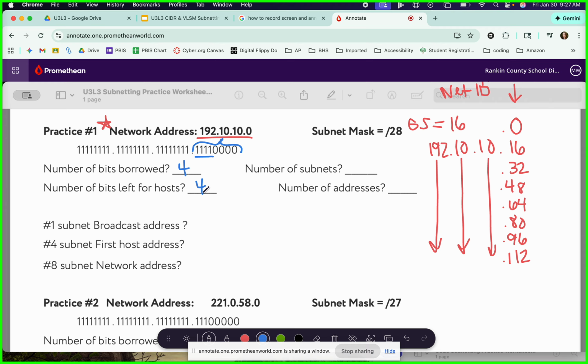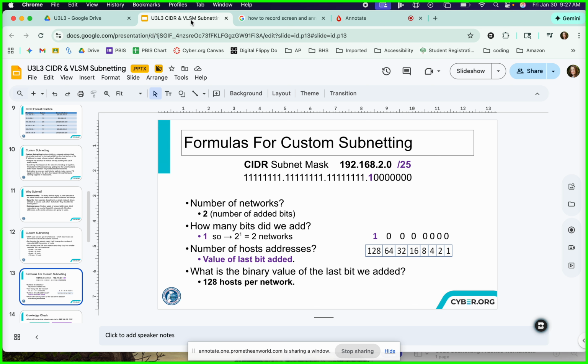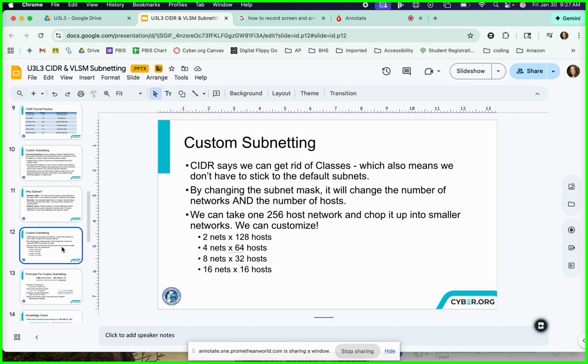Now if we go back to the slide that helps us calculate how many subnets we have, how many bits did we borrow?